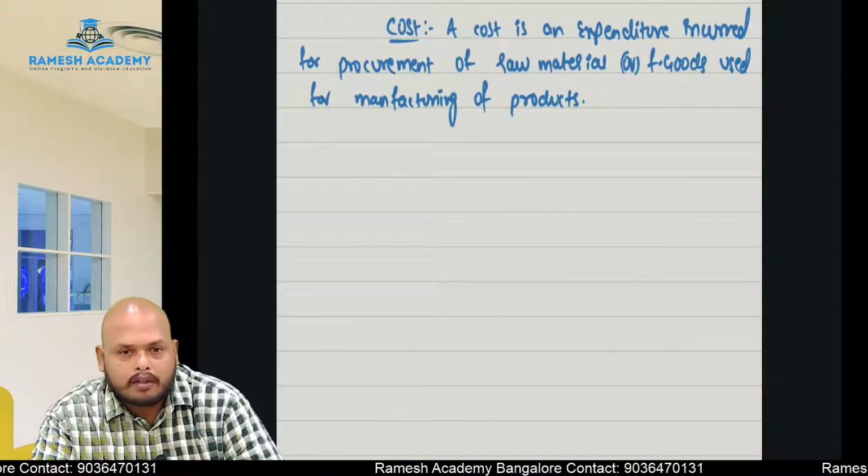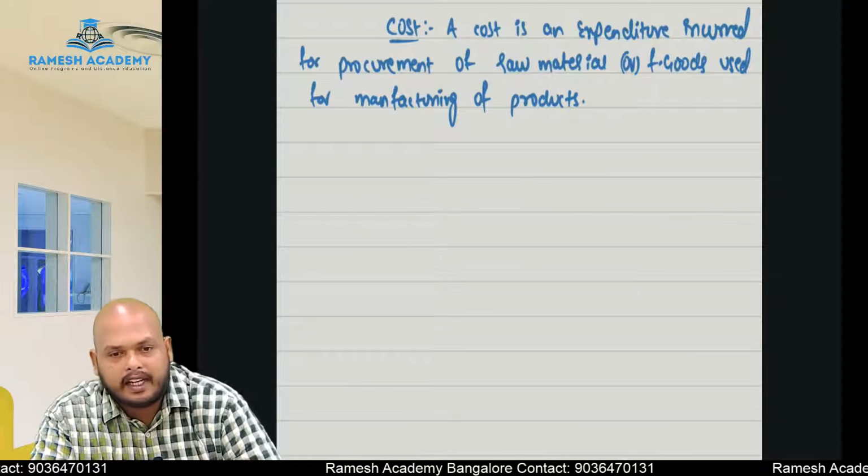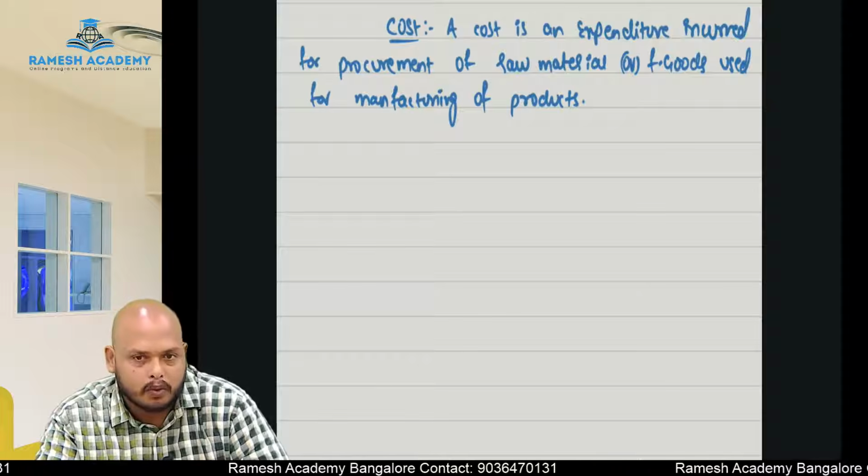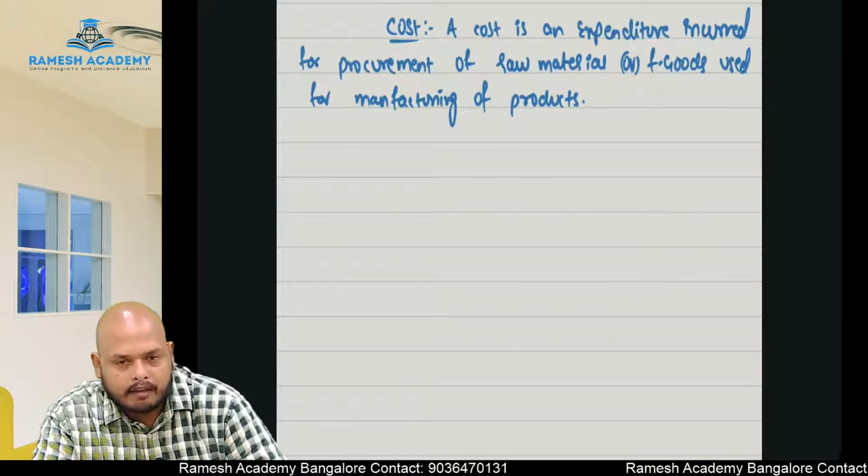What do you mean by a cost? A cost is an expenditure which we are incurring for the procurement of a raw material, or rather it can be a finished good also, used for manufacturing of products.